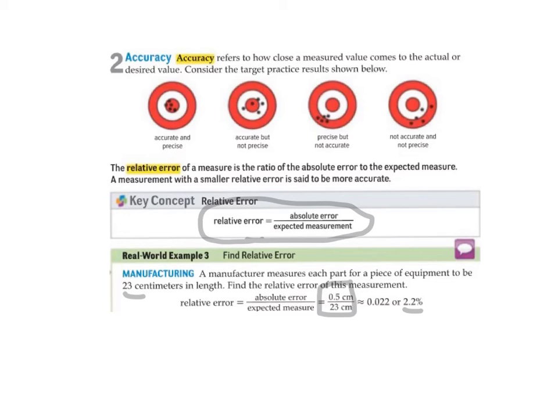A lot of people will use this information when they're doing different types of statistics and things like that. So let's go back to what we did. Don't forget, your relative error is going to be the absolute error over the expected, or the measure.